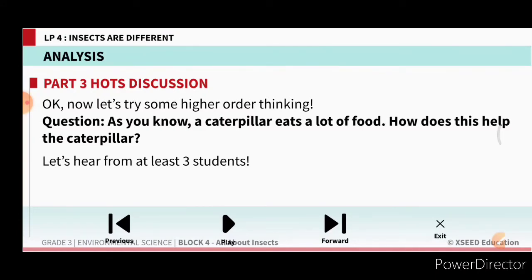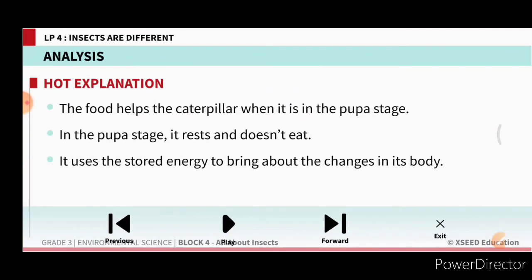How does it help the caterpillar? The food helps the caterpillar when it is in the pupa stage. Because it took a lot of food in the larva stage, in the pupa stage it won't be moving, it won't do any work, it will be resting. So the food eaten in the larva stage will help the insect to take rest in the pupa stage, right?